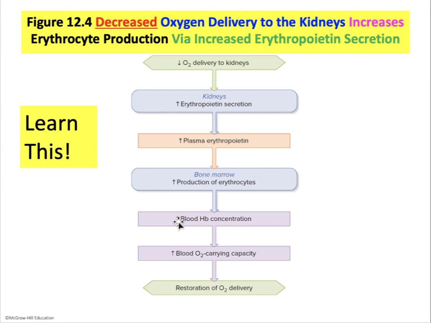So the level of blood hemoglobin increases, and the capacity to carry more oxygen increases because of the added red blood cells. And then that delivers a message back to the kidney by negative feedback that the concentration of oxygen is now back to healthy levels.